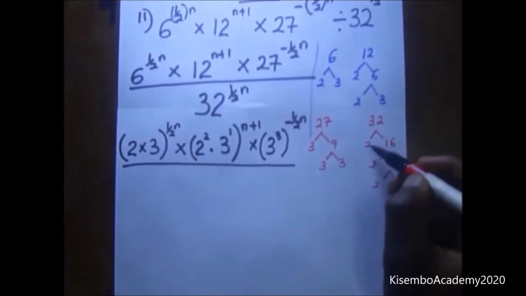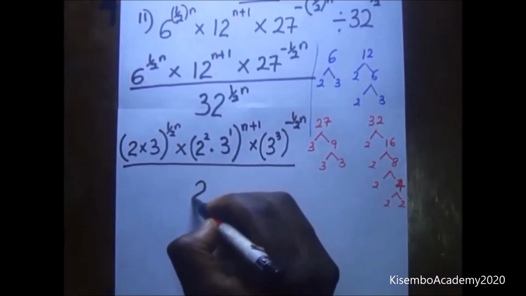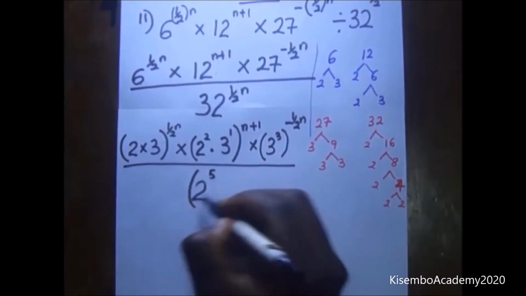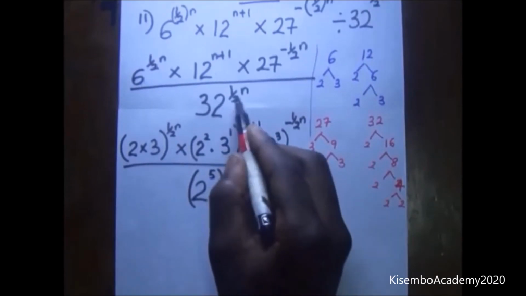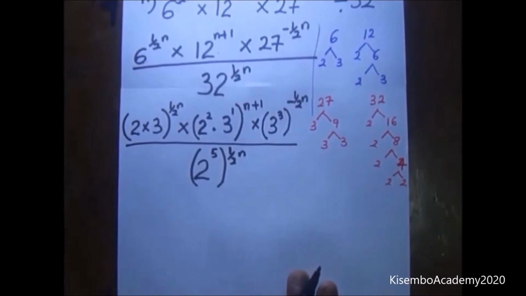What is 32? It is 2 to the power 5, all in brackets, to the power half n. So we continue with our simplification.